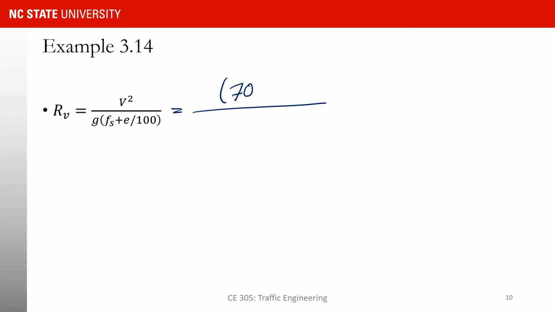So I'm just gonna put 70 raised to the power of 2. Then I'm gonna put G here, right? And then I multiply by F sub S, which was 0.1. Then I add 8% divided by 100. I put all of these into the calculator, and I get the results, right?